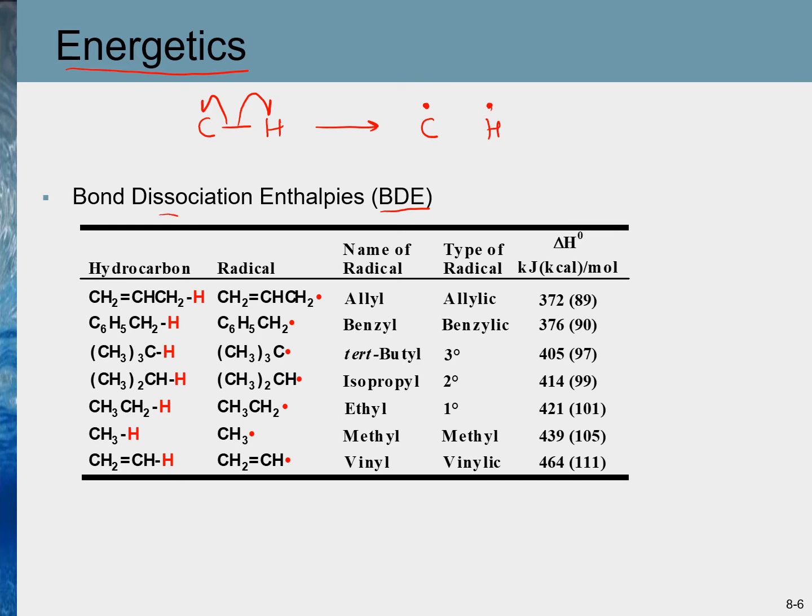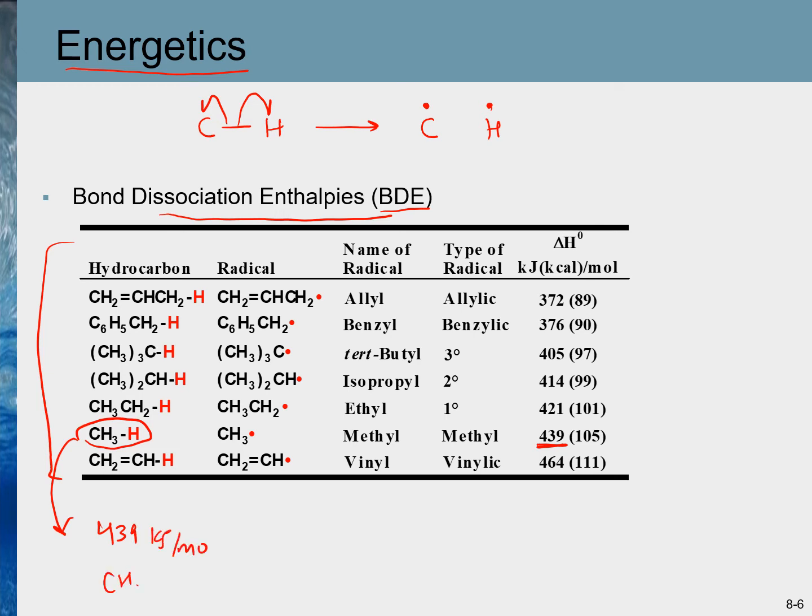The bond dissociation enthalpies of various carbon-hydrogen bonds are given in this table. If you compare the values, methyl has a bond dissociation enthalpy of 439 kilojoules per mole.